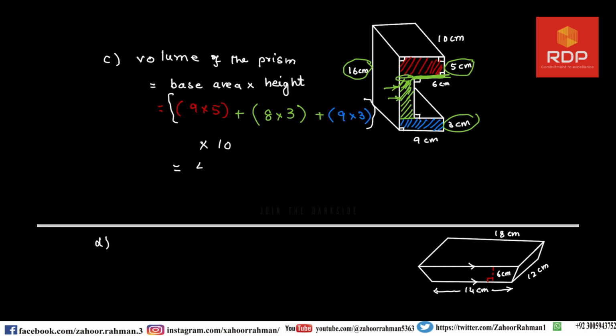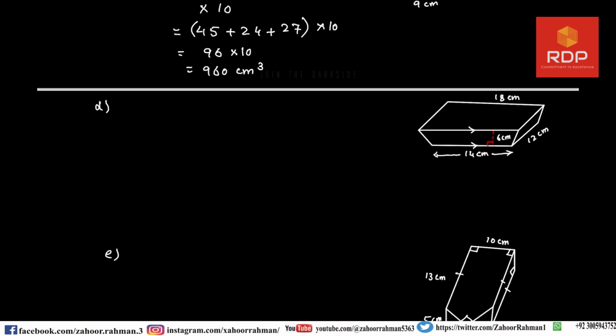Here 45 plus 24 plus 27, and then multiplied by 10. So it will be equal to 96 multiplied by 10, and that will be equal to 960, and that will be centimeter cube as well.